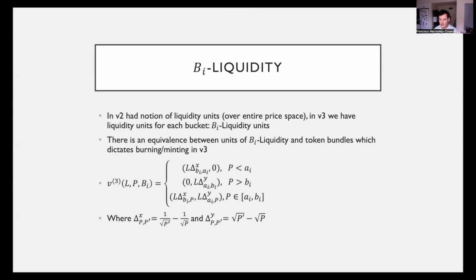So really no need to delve into too many details here, but there is this equivalence between units of liquidity in a given bucket and bundles of tokens of token A and token B.